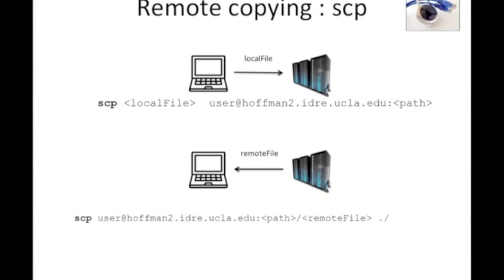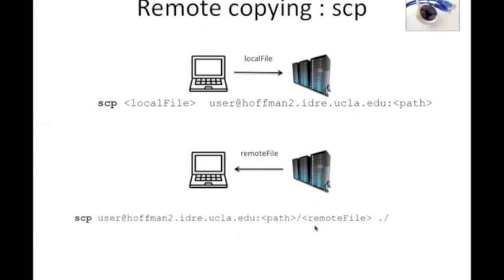Okay, so to copy the file from your local machine to the cluster, it will be like this, SCP. SCP stands for secure copy. And you say the name of the file, you say your username, the name of the cluster, and then the path where you want the file to be placed on the server.